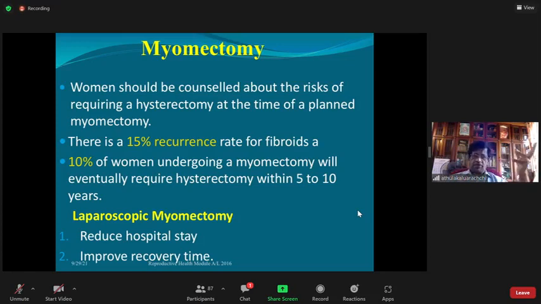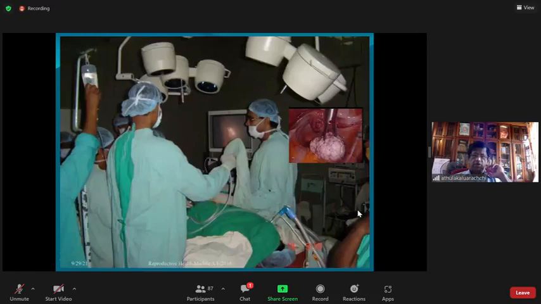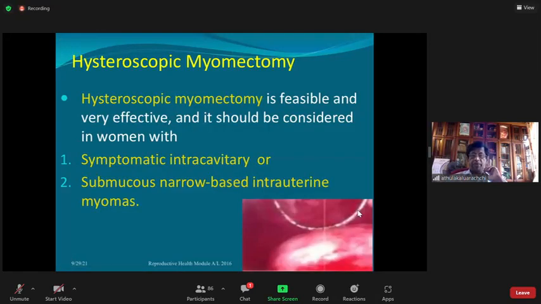I told you earlier that different routes can be used. You can do it laparoscopically. You can do an open myomectomy. So you can do surgery laparoscopic, open, vaginal, or hysteroscopic. Select the route, select the access depending on where the fibroids are. Okay.